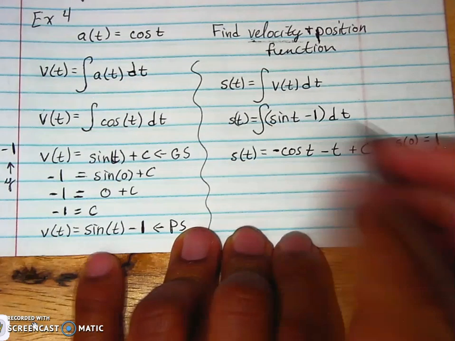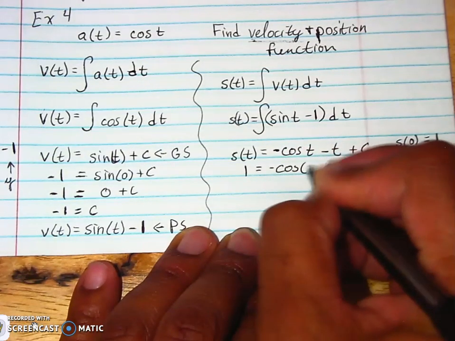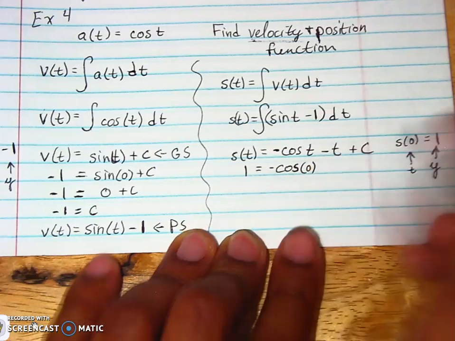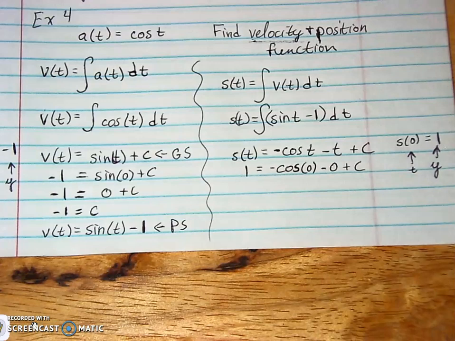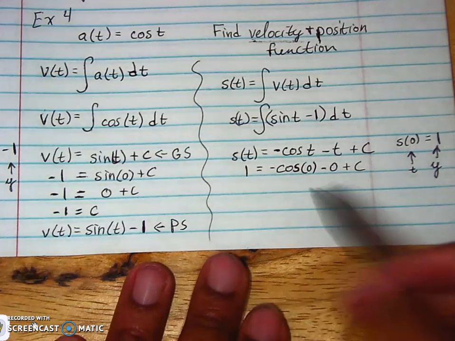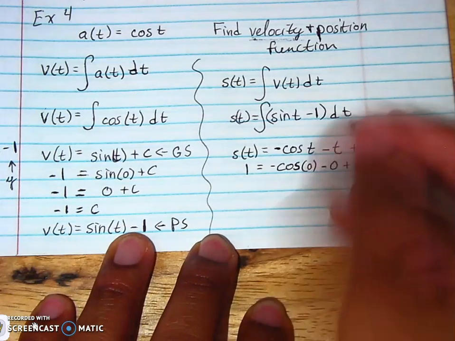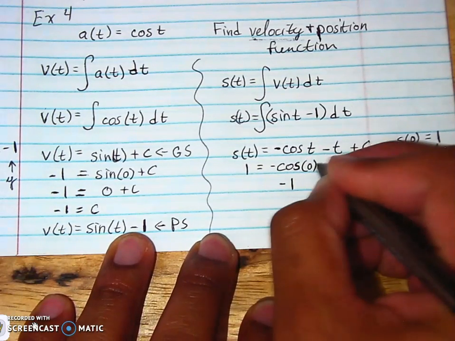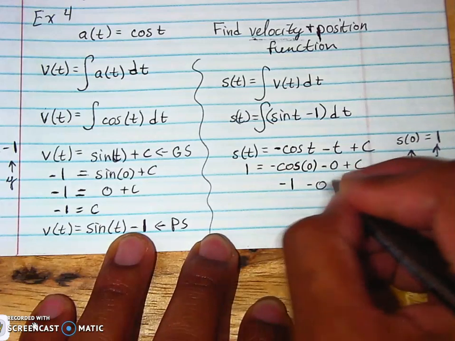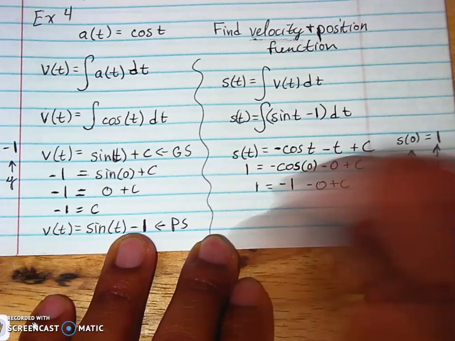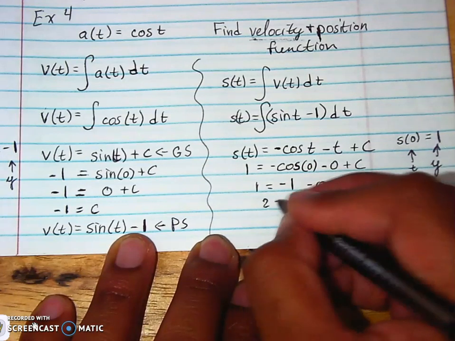We substitute everything in: 1 equals negative cosine of 0 minus 0 plus c. Again, you need to know your trig values. Cosine of 0 is 1, and there's a negative in front, so that's -1, then 0 and c. If we add 1 to both sides, c equals 2.